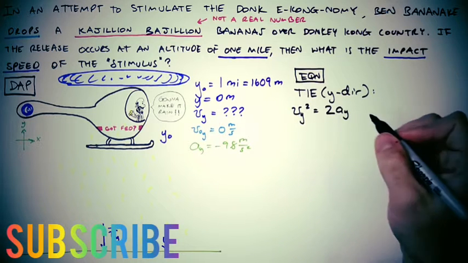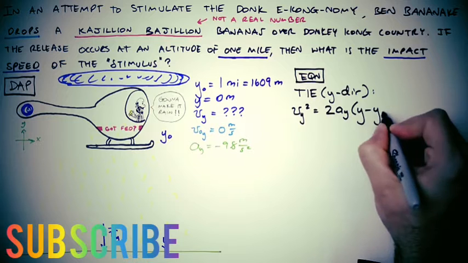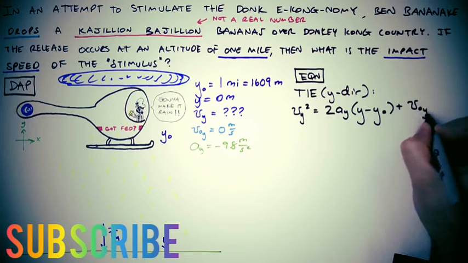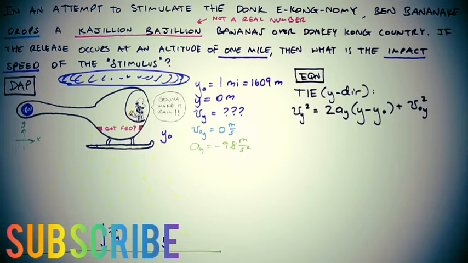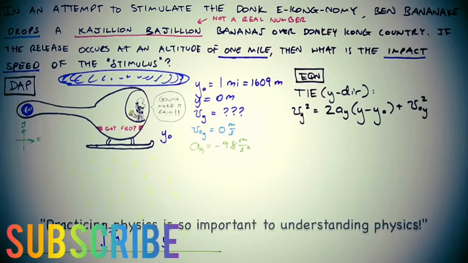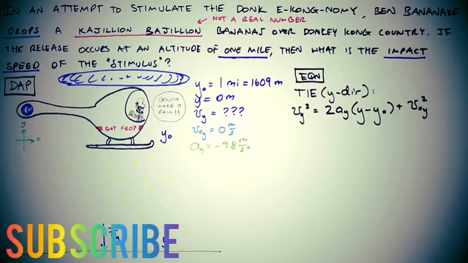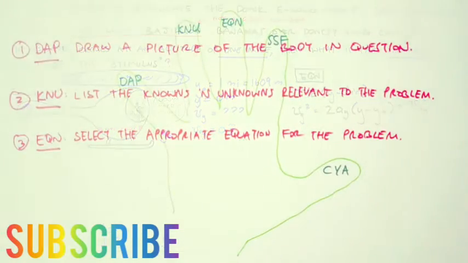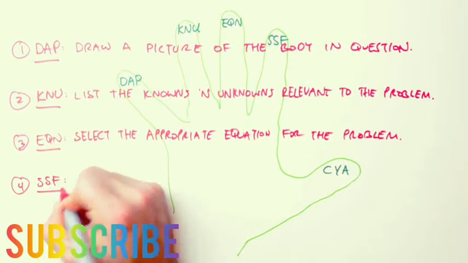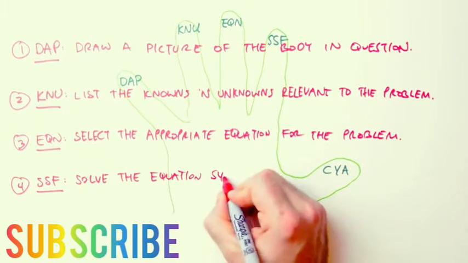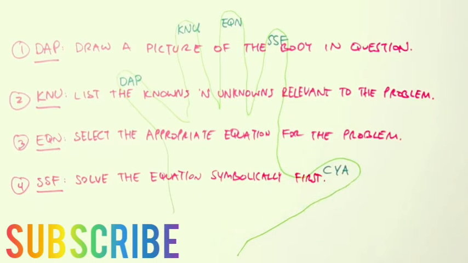One must first understand the conceptual underpinnings of the equations and their relevance to the problem, which really only comes with practice. Which is why practicing physics is so important to understanding physics. Of course, if a problem really has you flummoxed, a last-ditch attempt at equation selection can be made with trial and error.